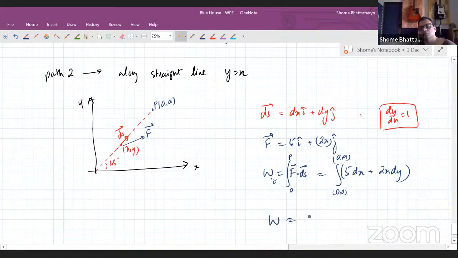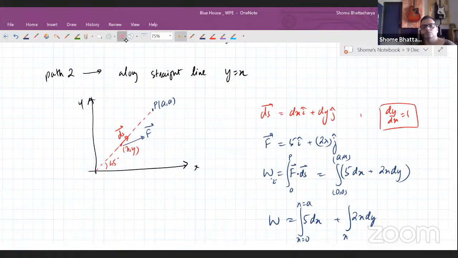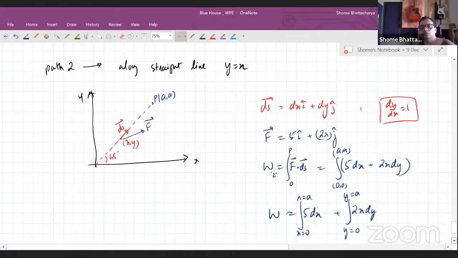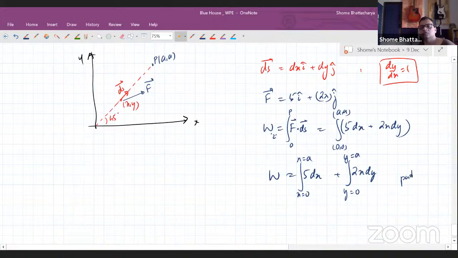So we will break this into two integrals: 5 dx, x going from 0 to a, plus 2x dy, y going from 0 to a, because the variable of integration in the second one is y, since we are integrating with respect to y. Now what saves us is that we know the path. It is along the path y is equal to x, so we can replace x with y over here.